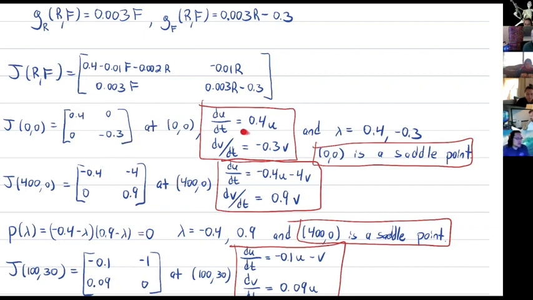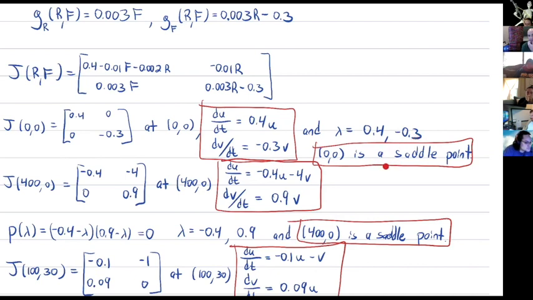And so from that, just be sure that when I ask you, and I will, to tell me what the linearization is at this equilibrium, you don't just tell me the Jacobian, but you're able to write it as a system of differential equations. And from this, we get one positive, one negative eigenvalue.